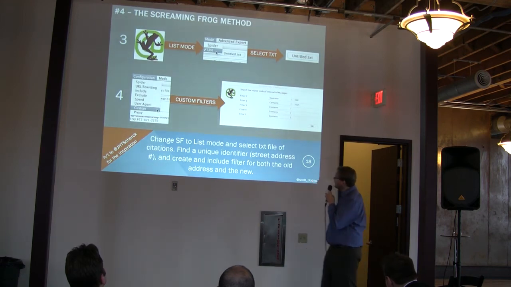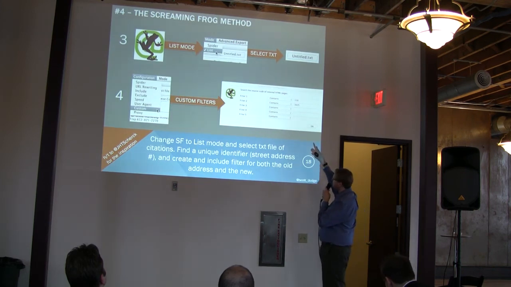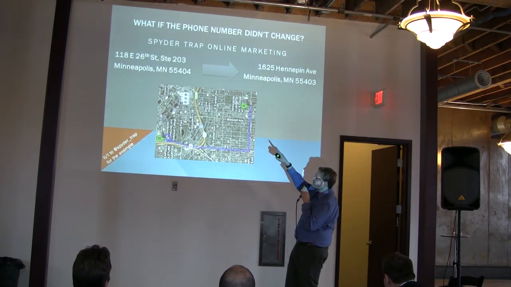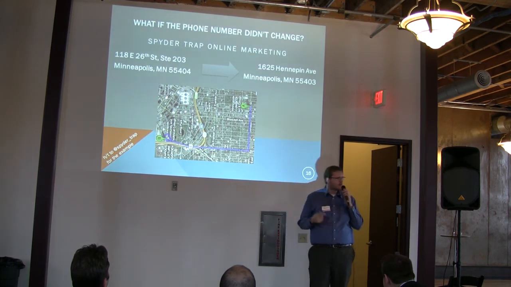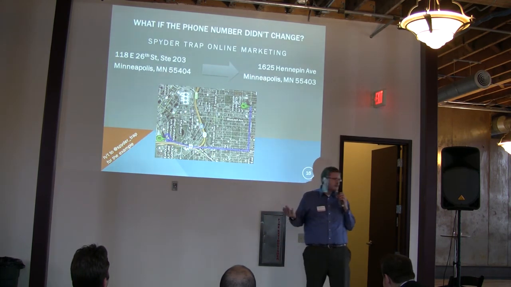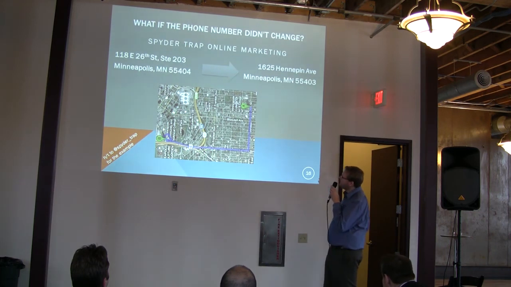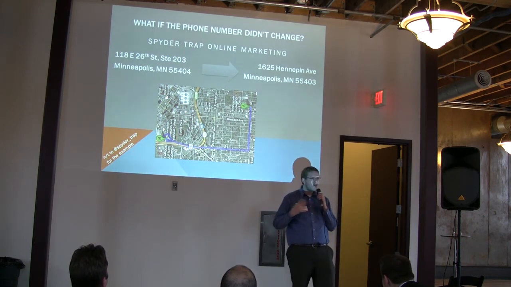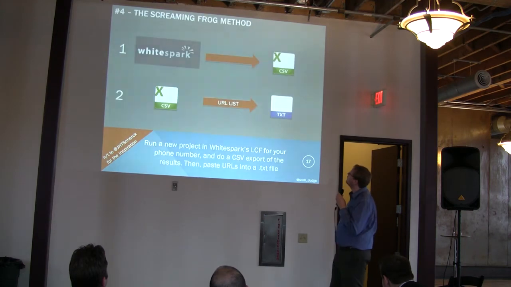So what this ends up doing is splitting things up. I use this unique identifier, just the street address, because when we think about an address like 118 East 26th, I'm sure a lot of people have dealt with different formatting of addresses. On one citation it could be 118 26th Street East, and otherwise this system would not find that inconsistency.